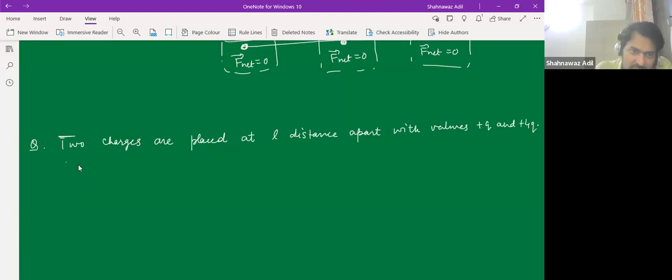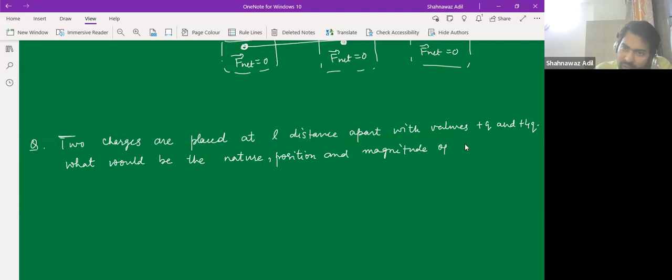So question is that what would be the nature, position, and magnitude of the third charge so that whole system is at equilibrium.